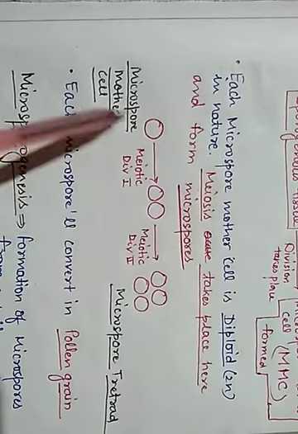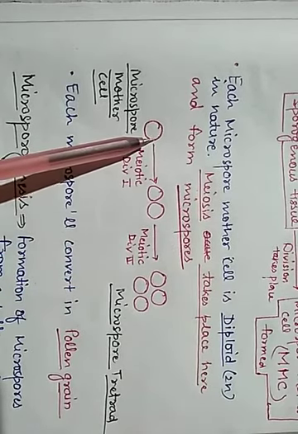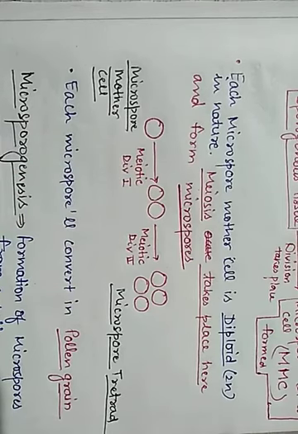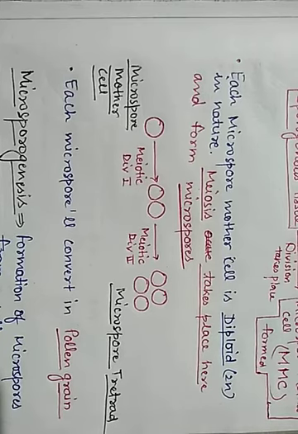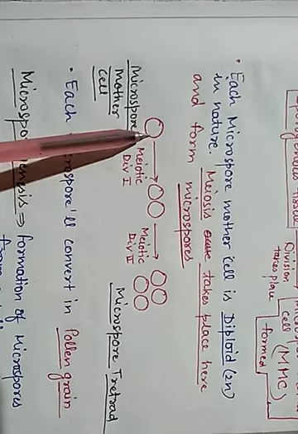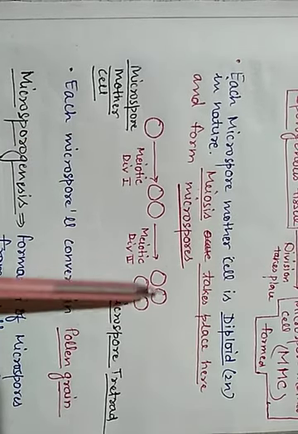So this is the microspore mother cell, as we have studied earlier. Here divisions are going to take place. In one division, they divide their number. So this microspore mother cell is going to form a microspore tetrad.